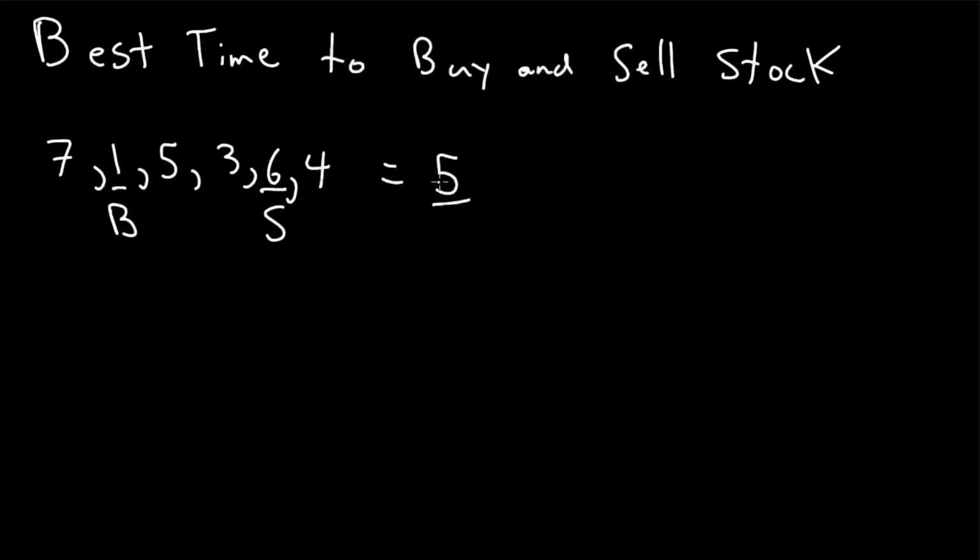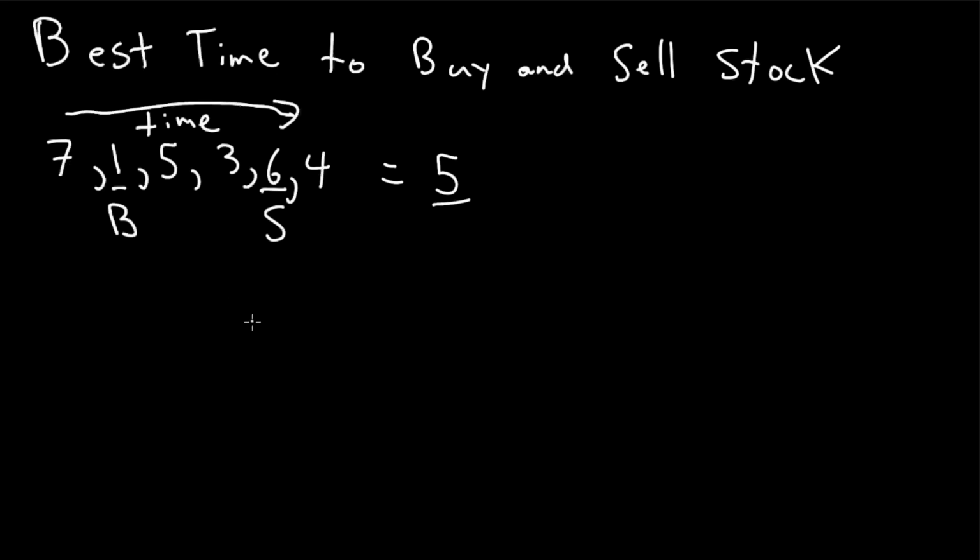So what kind of patterns can we see here? Well, we know that as we go from left to right, this is basically time, right? So we can't, for example, buy a stock for 1 and then sell it in the past. That's not the way the problem is stated.